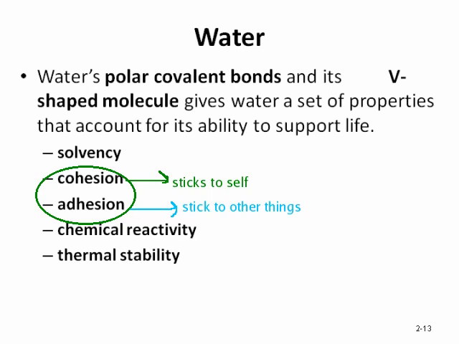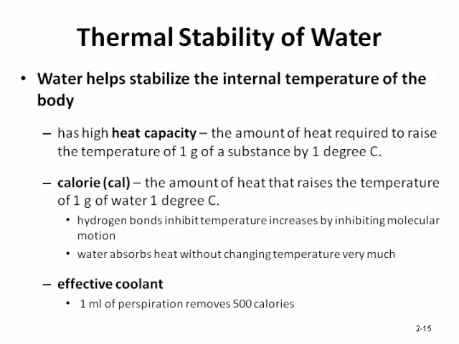And the last thing I want to leave you with today is this concept of thermal stability. Thermal stability has to do with the fact that connecting each of those water molecules together are hydrogen bonds. Hydrogen bonds connect water molecules. And it's those hydrogen bonds where we have energy storage.